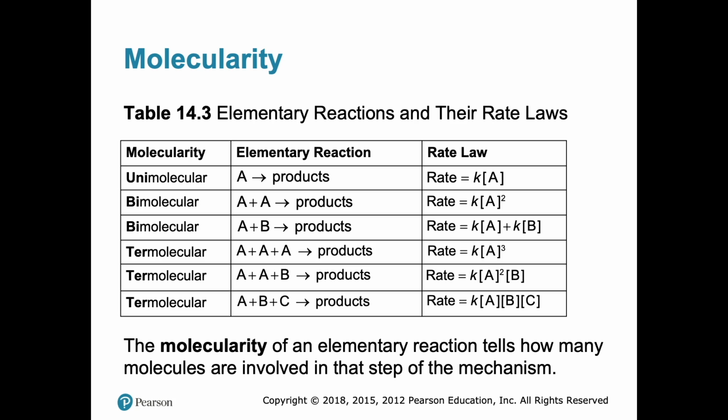Here, this is the first time you've seen this: a third order reaction. A plus A plus A gives you the rate equals the constant times the concentration of A to the third. And then A plus B gives you an overall third order rate equation. I think that's a typo.